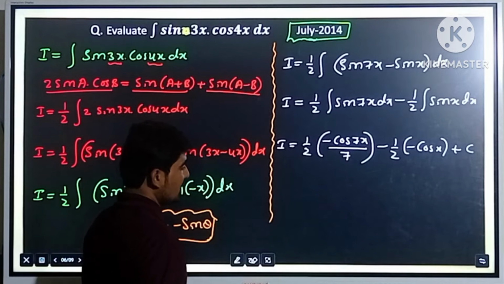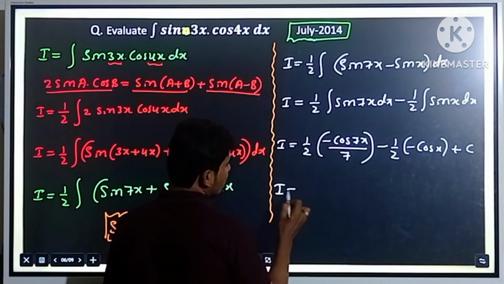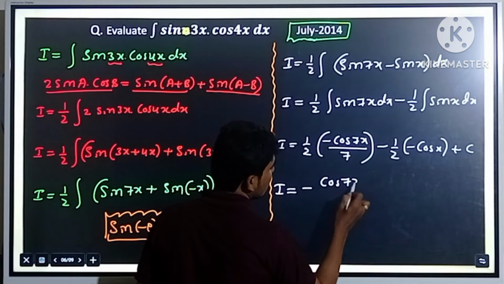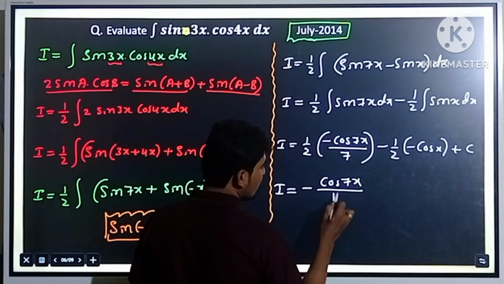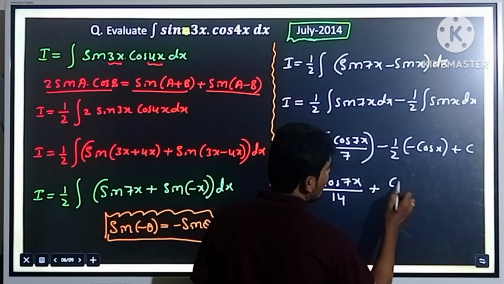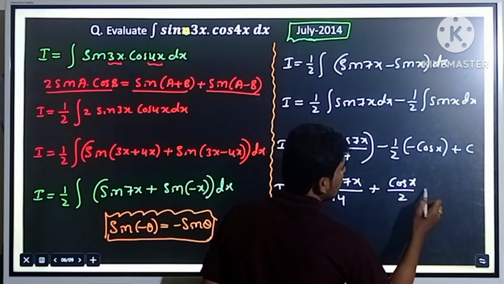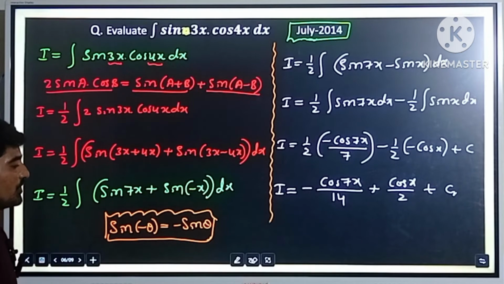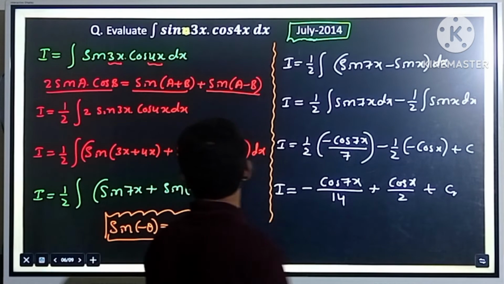Now I is equal to plus into minus, minus 1 into cos 7x, which is cos 7x divided by 2 into 7, which is 14. Next, minus into minus, plus cos x divided by 2, plus c is the final answer for this given integration problem. I hope all of you understood.